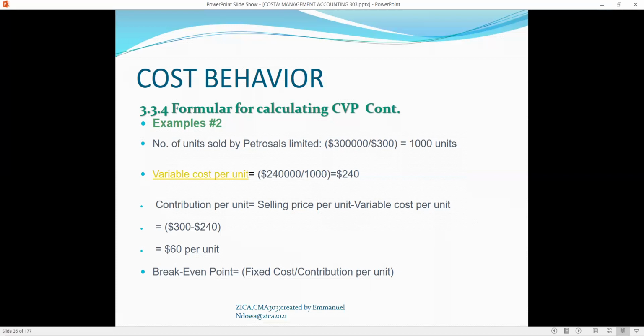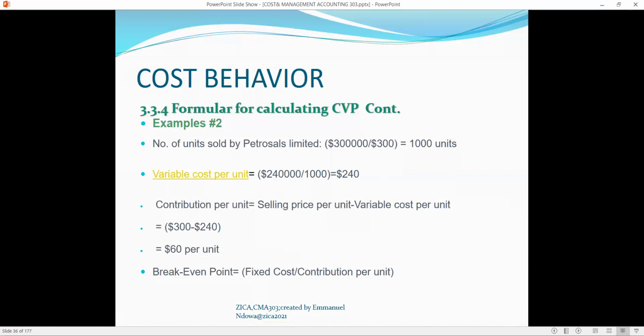Are we clear on that? So when we get now the $240, our formula for coming up with the contribution per unit is $300 minus $240. That's how we come up with the $60.